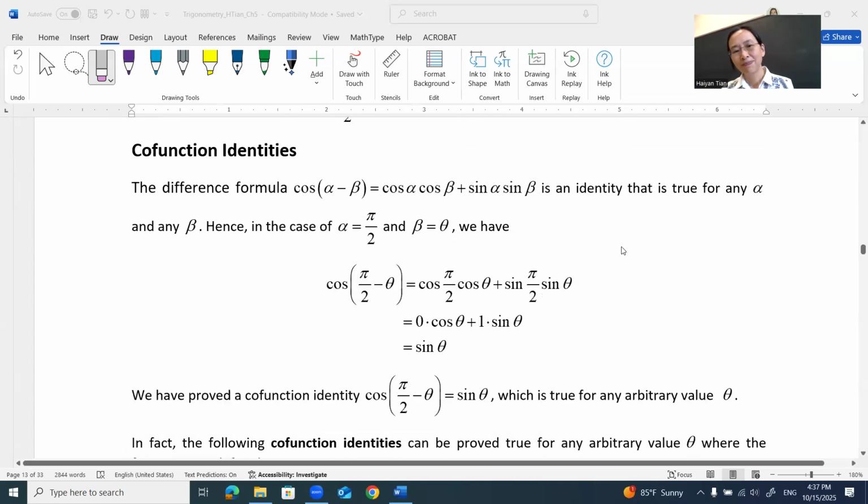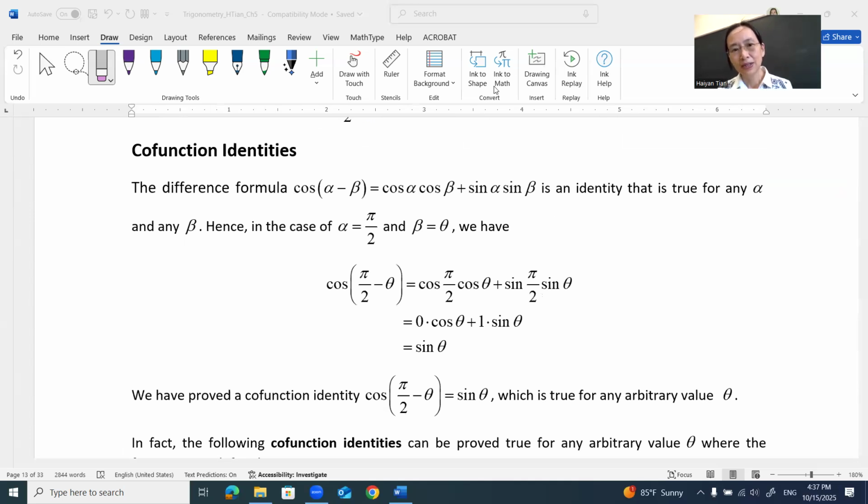Now you have seen a couple of applications of the difference formula for cosine. Now we want to think of a very special case. It is the cofunction identity. Here you see the cosine of half of pi minus theta is sine theta.